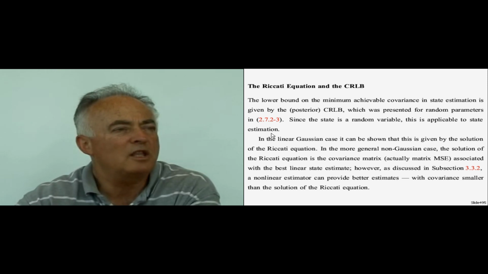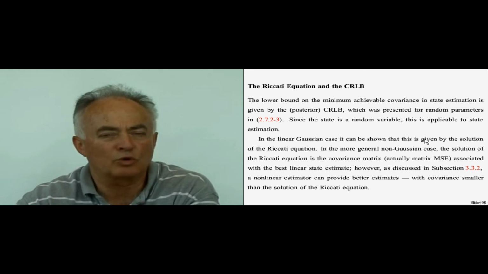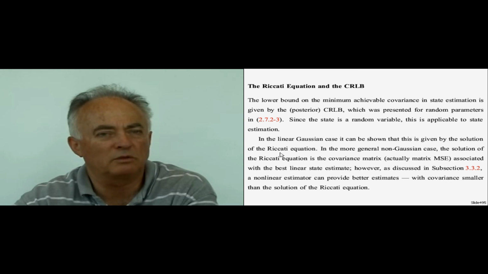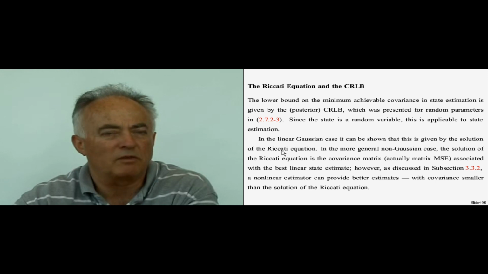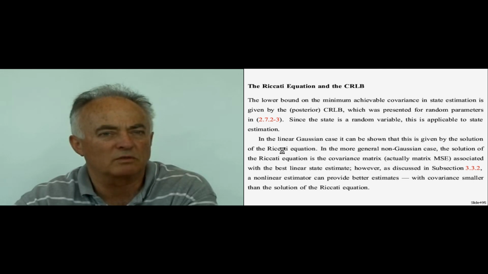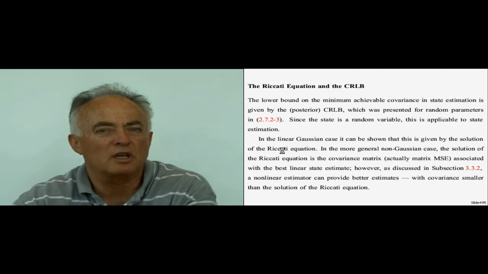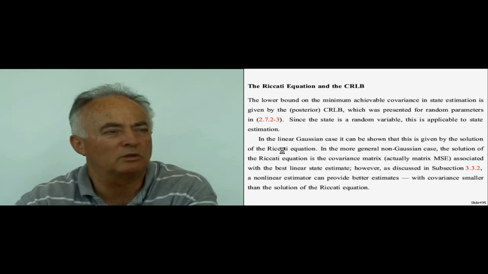In the linear Gaussian case, it can be shown that the Riccati equation solution provides that lower bound. But Gaussian case means everything is linear and Gaussian, and the optimal estimator is linear. So we already have done the best. So whatever we are doing equals the best. So the actual solution coming out of the Riccati equation is the Cramér-Rao lower bound.